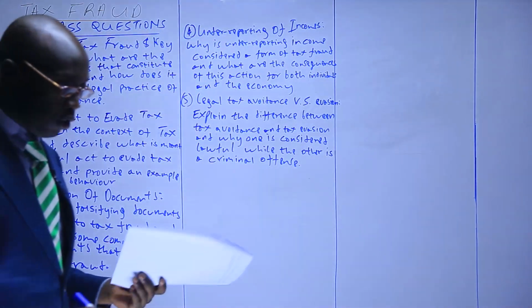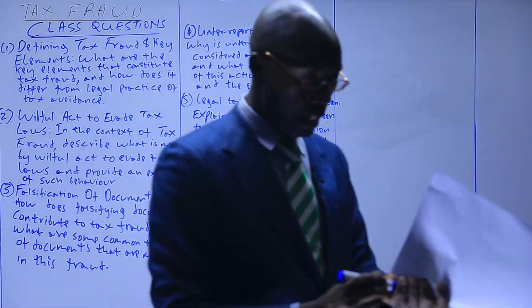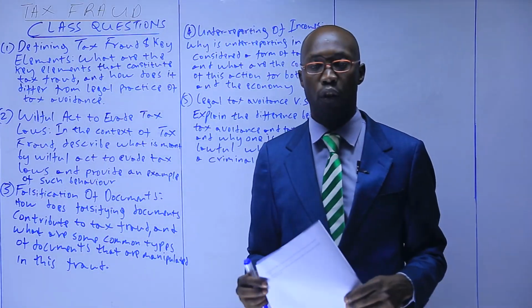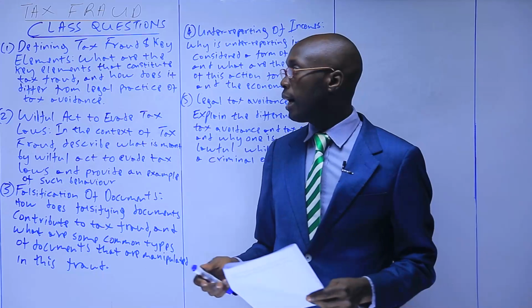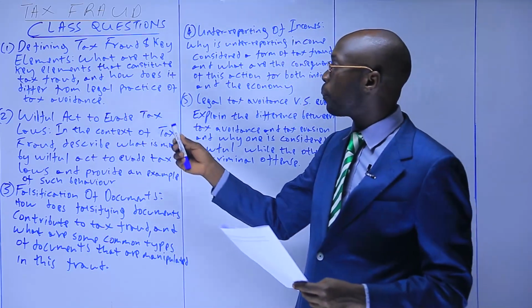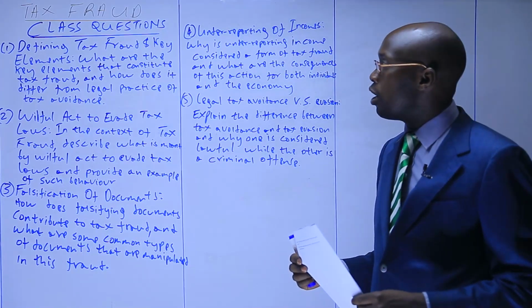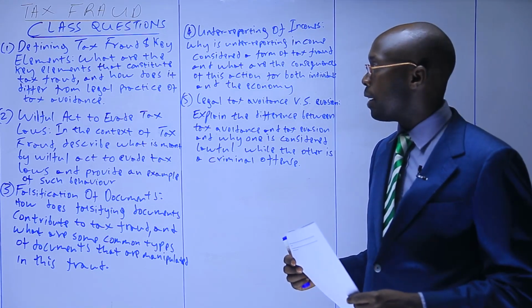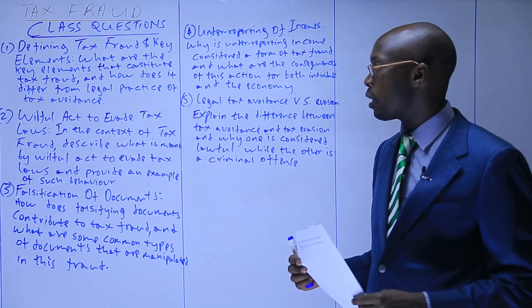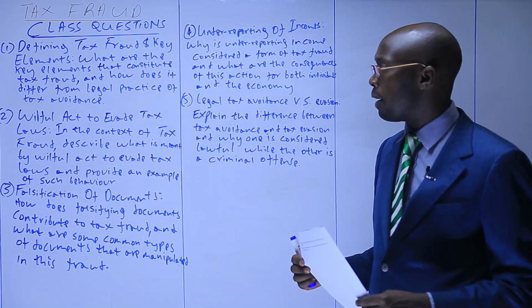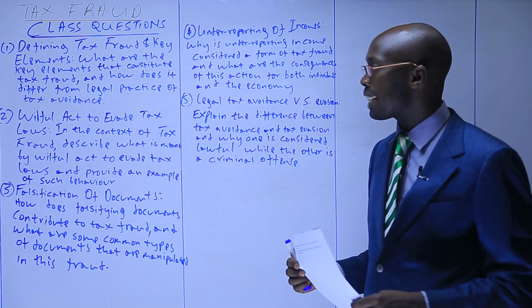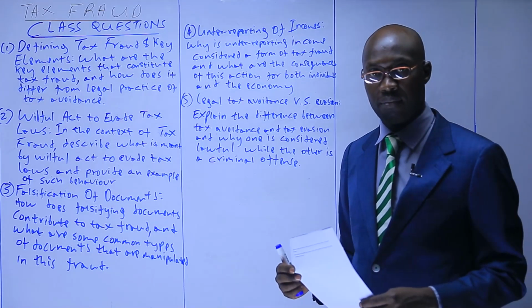So these are the questions that can help guide you in relation to this lesson on tax fraud. And I'll read the first question: defining tax fraud and key elements. What are the key elements that constitute tax fraud, and how does it differ from the legal practice of tax avoidance?